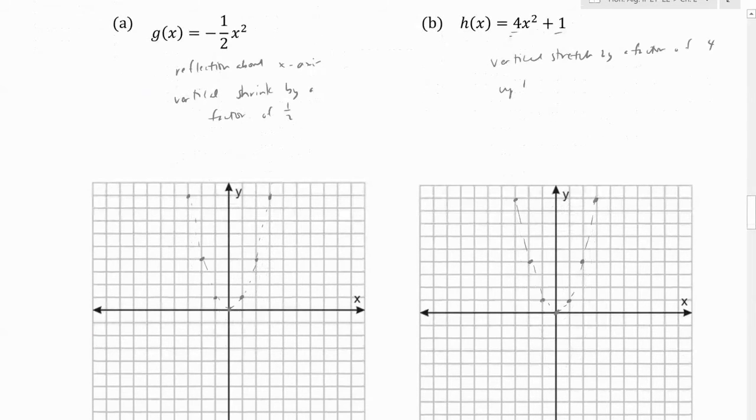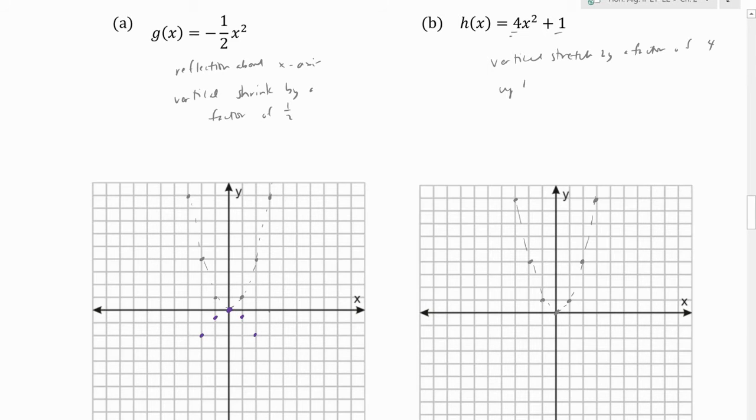So just imagine this dotted curve getting flipped upside down and vertically shrunk. So this point, when it gets flipped upside down, it's not going anywhere. If on the normal parent function you go over 1, up 1, this one's going to go over 1, up a half, but we're going to go down because we flipped it over the x-axis. And then if it was over 2, up 4, we're going to go over 2, up 2, because all the y's are going to be half as far away from the x-axis as they used to be.